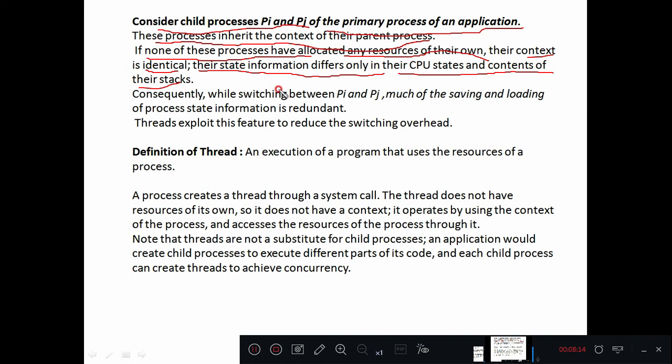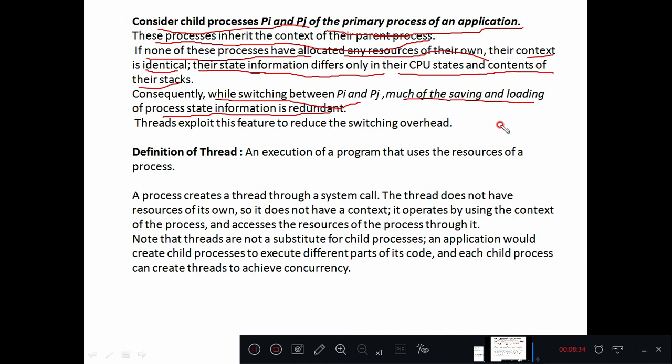So in such cases the CPU state as well as the content of the stacks, or the system calls, is going to change. Consequently, while switching between PI and PJ, much of the saving and loading of process state information is redundant. That is also an extra thing.